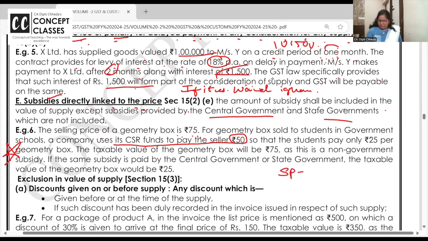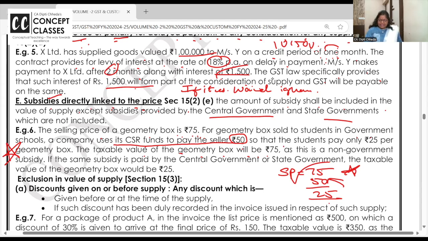For me, the selling price is 75. Now a company is giving subsidy. The company said we will pay you, from the students you just charge 25 rupees. Though the selling price of the compass box is 75, I am getting my 75: 50 from the company and 25 from the student. The taxable value of the geometry box will be 75 or 25? Answer is 75.